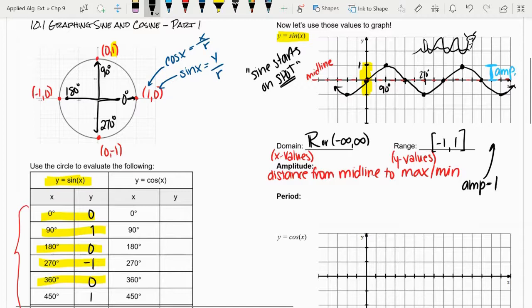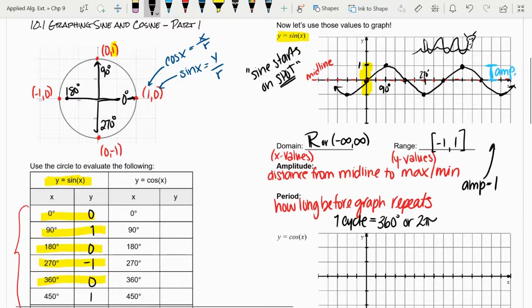The other important measure that we use is the period of the graph, and that's just how long before the graph repeats. Another way to think about it is the cycle. So on our graph up top, one cycle repeats every 360 degrees, or 2 pi if we're talking about radians.